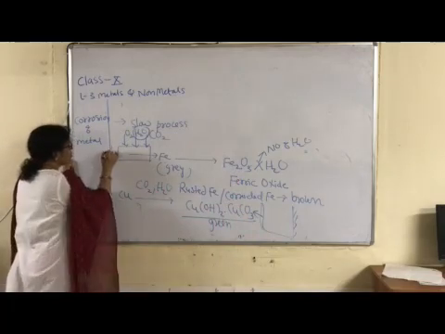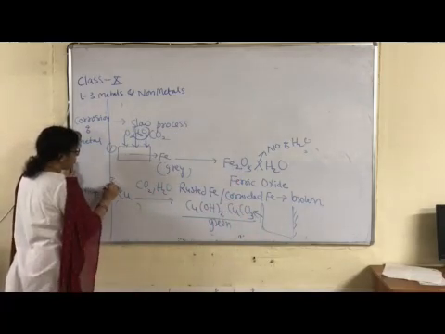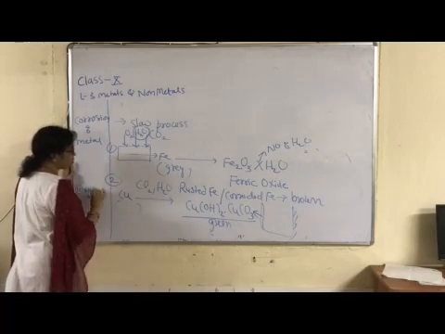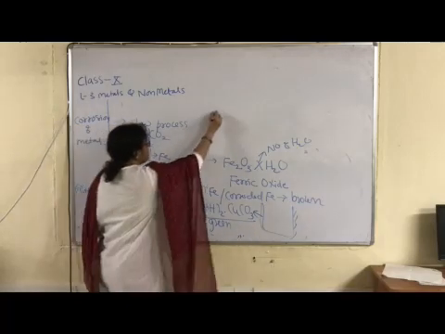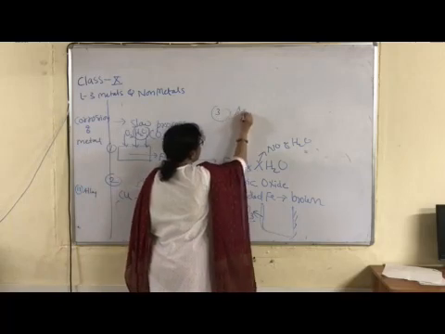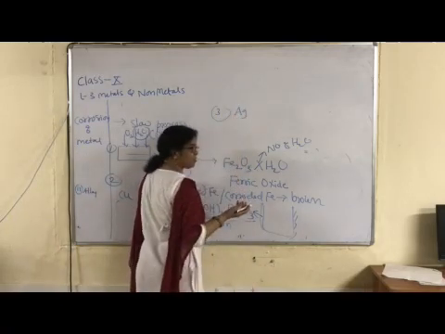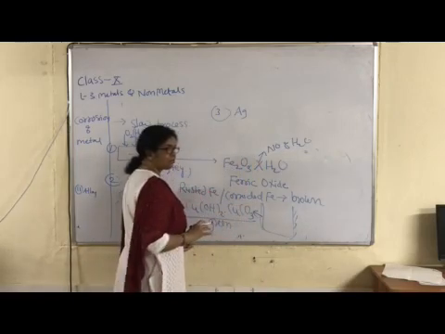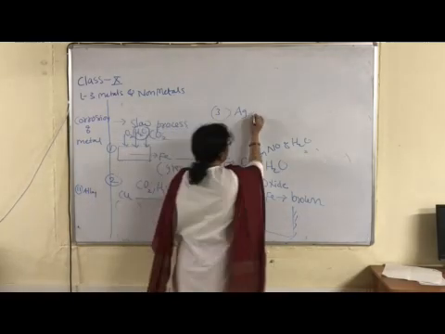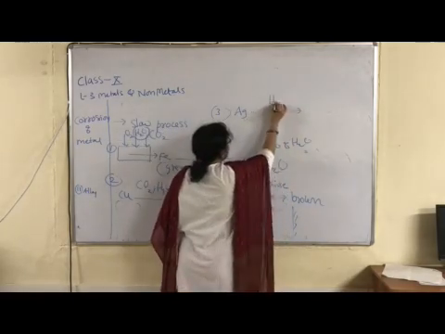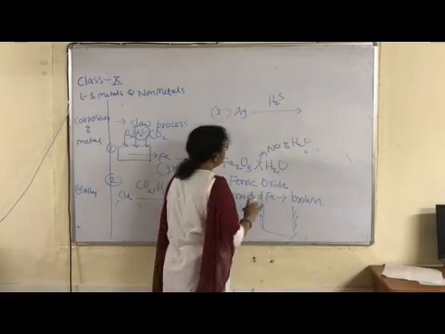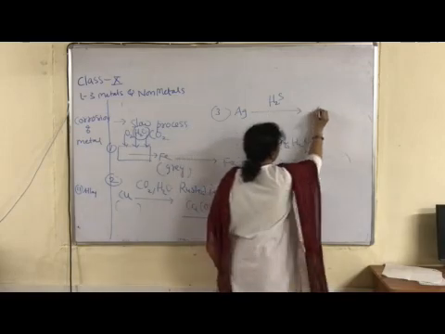Okay, children? So first is corrosion of iron, second is corrosion of copper metal, third one is corrosion of silver, which is a noble metal. Copper is also a noble metal. Corrosion is a very slow process in the case of silver and copper. What happens, children? If traces of H2S gas are present as an air pollutant, then what happens?